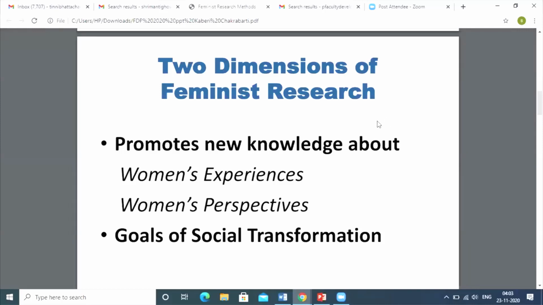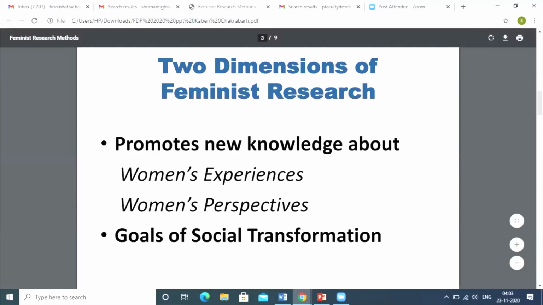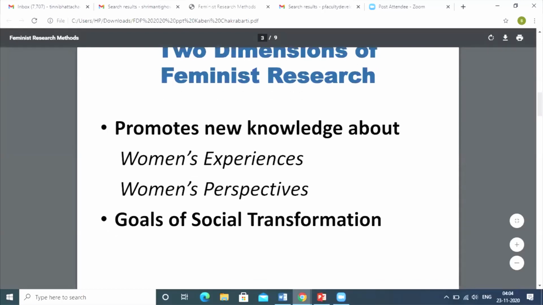that feminist research promotes new knowledge about women, and of late we talk about incorporating gender, to study women's experiences of everyday living, recognizing the sexual and gender divisions of society, to understand the patriarchal system, norms, culture, values, the structures, and to enrich research with these assumptions, and particularly with women's perspectives.